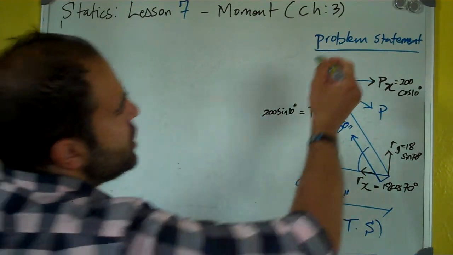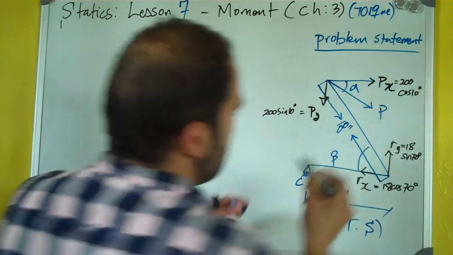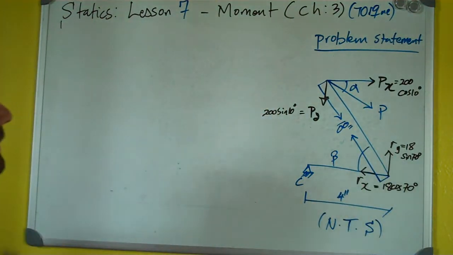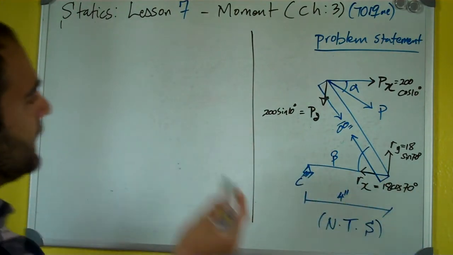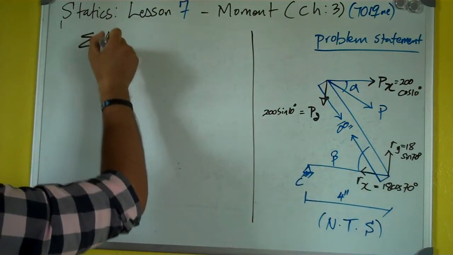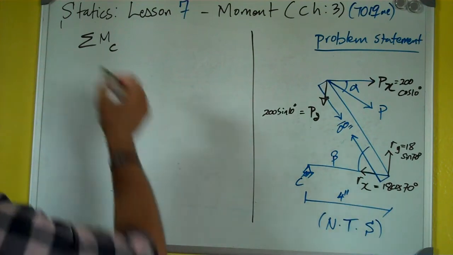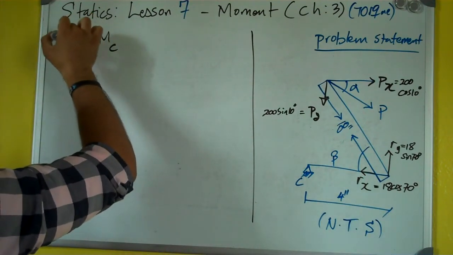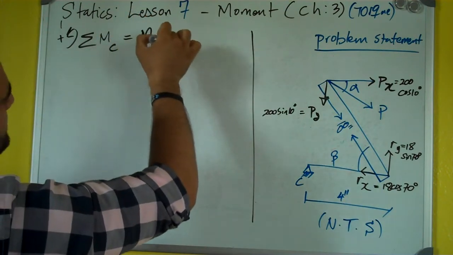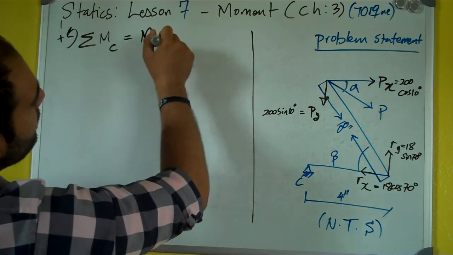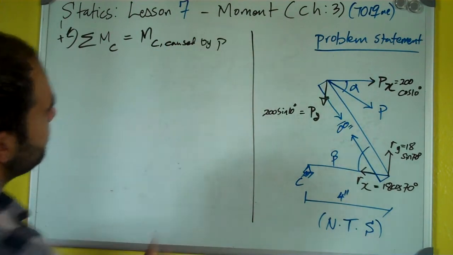Let me just put a note here for myself: torque versus moment. Someone asked me yesterday. So the sum of the moments at C, well, I need to indicate a reference. Counterclockwise positive, it's going to be the moment at C. I just write this for you, caused by P. You don't have to say that.